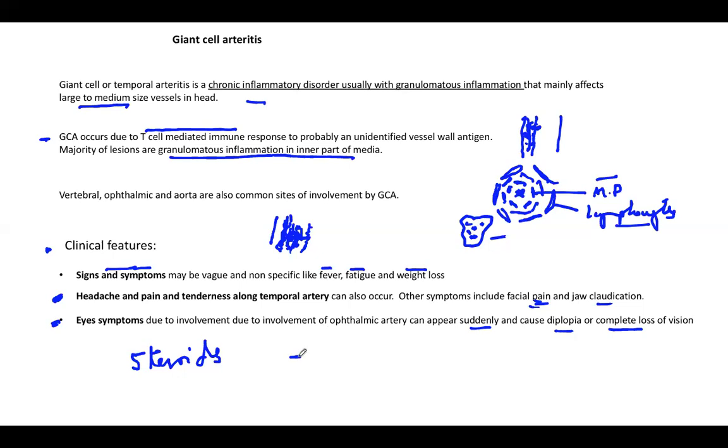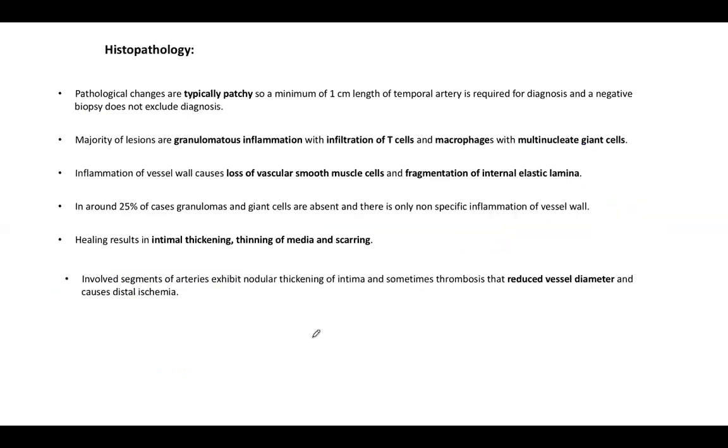So this is the question: what will you do if there is a change in vision? I will start high dose IV glucocorticoids like methylprednisolone. I will not wait for confirmatory tests because this can progress suddenly and the person can lose vision.